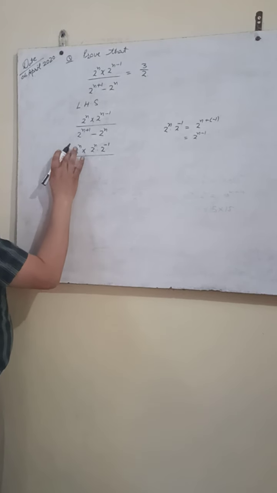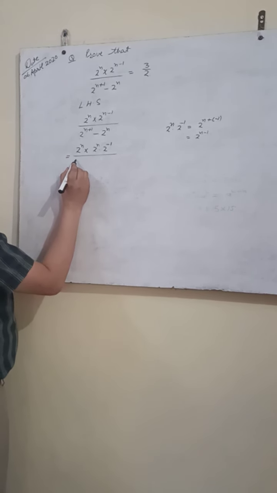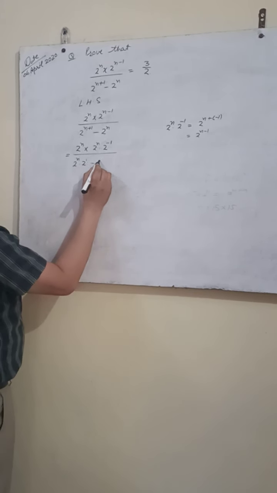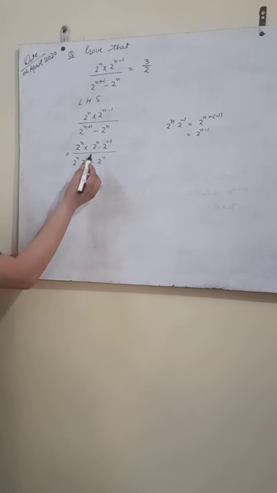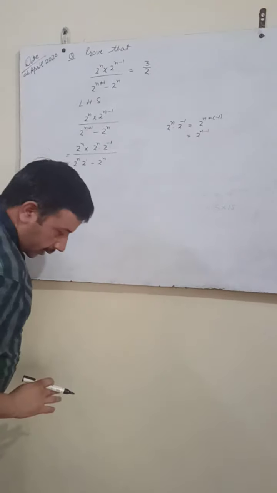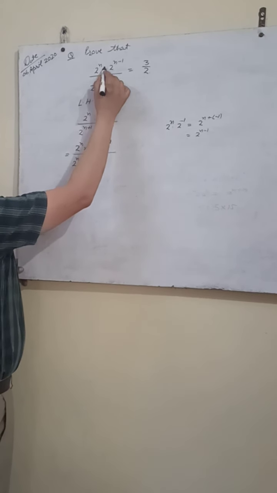Similarly, in the denominator, we can write 2 power n plus 1 as 2 power n into 2 power 1 minus 2 power n. Now here I think it is a plus sign, sorry, it is the plus sign here.